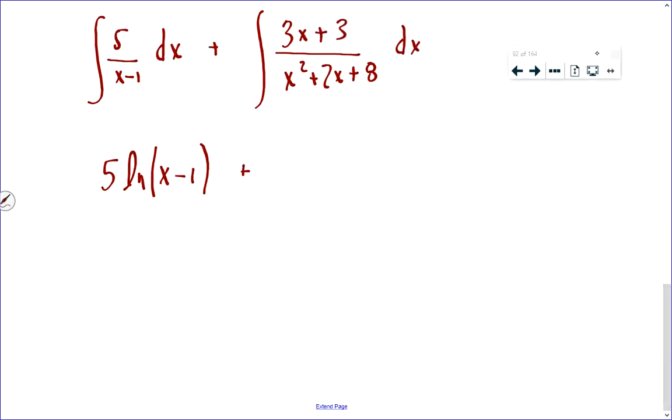What do you suppose we need to do here? We can't use partial fractions because the bottom's not factorable.